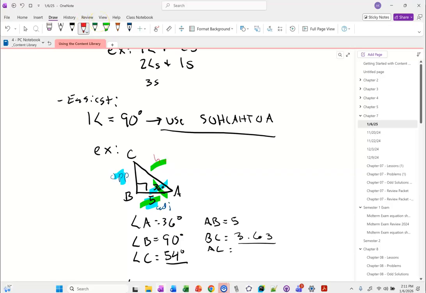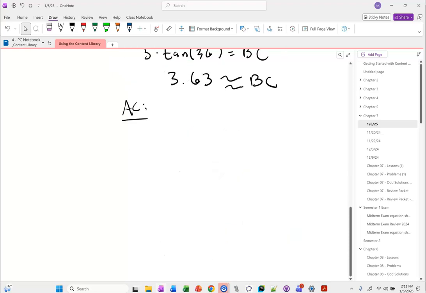That now is the hypotenuse. Which trig function includes adjacent and hypotenuse? Cosine. So I'm going to say that cosine 36 is equal to adjacent over hypotenuse.